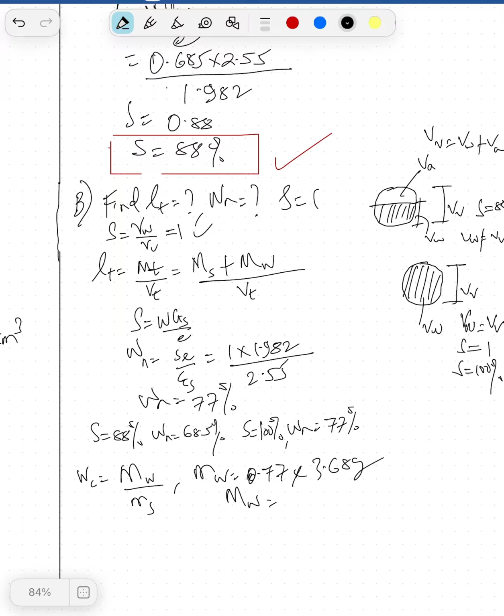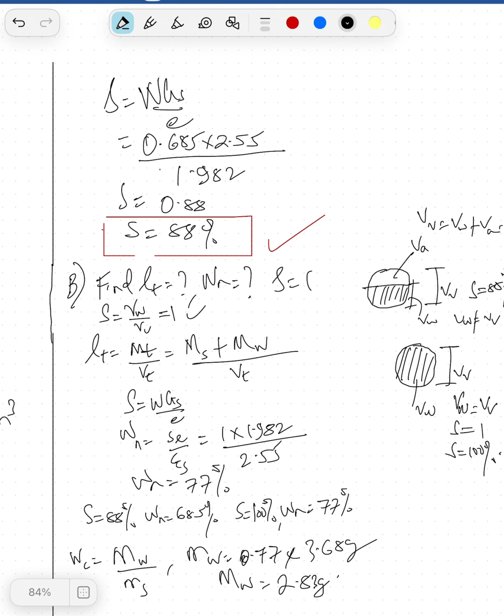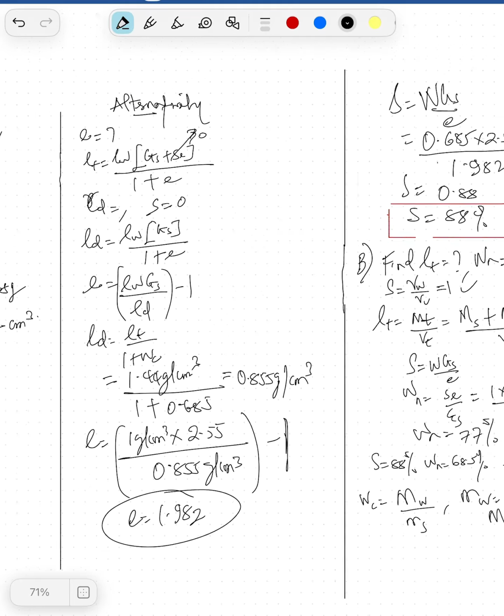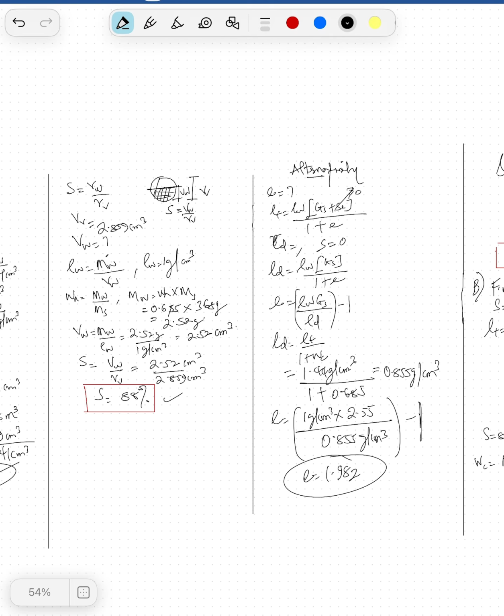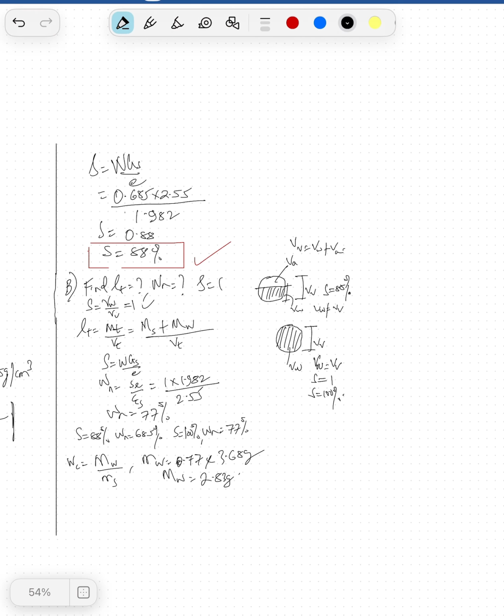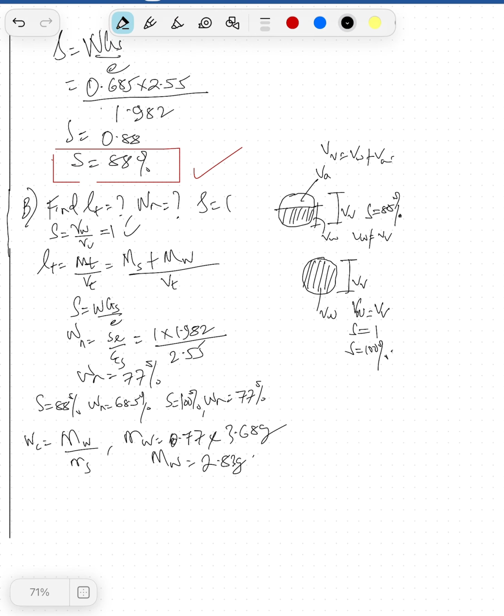So it increased to 2.83 grams. Initially, what was the mass of water? If you check very well, it should be lesser. Mass of water was 2.52. Now, due to the increase in the degree of saturation, it's now 2.83.